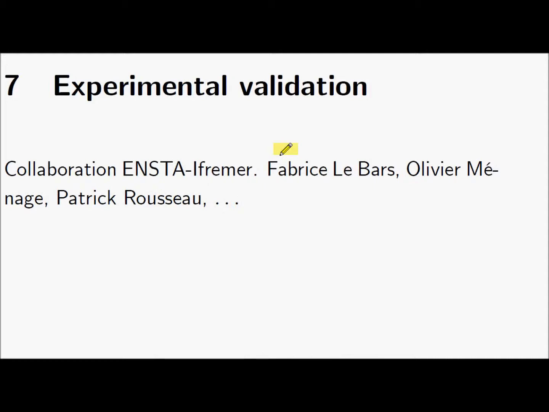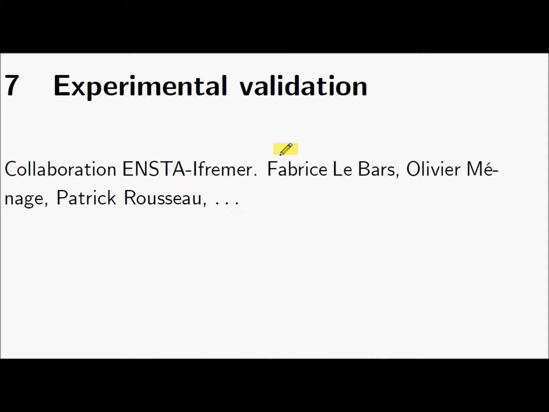So, an experimental validation. Once we have made a proof that for the model I am V-stable, it does not mean that in practice it will work. The proof has been done for one model, so it is guaranteed for the model, but the model is an approximation of the reality.